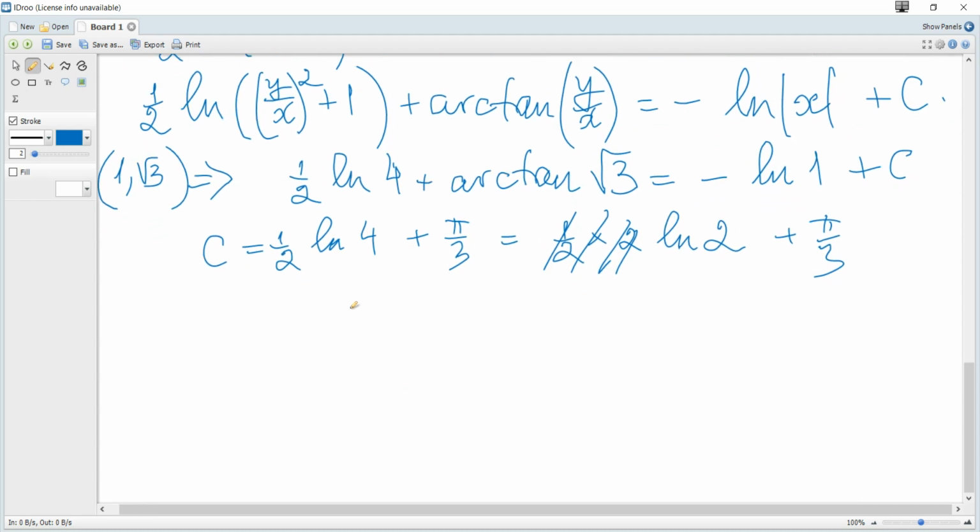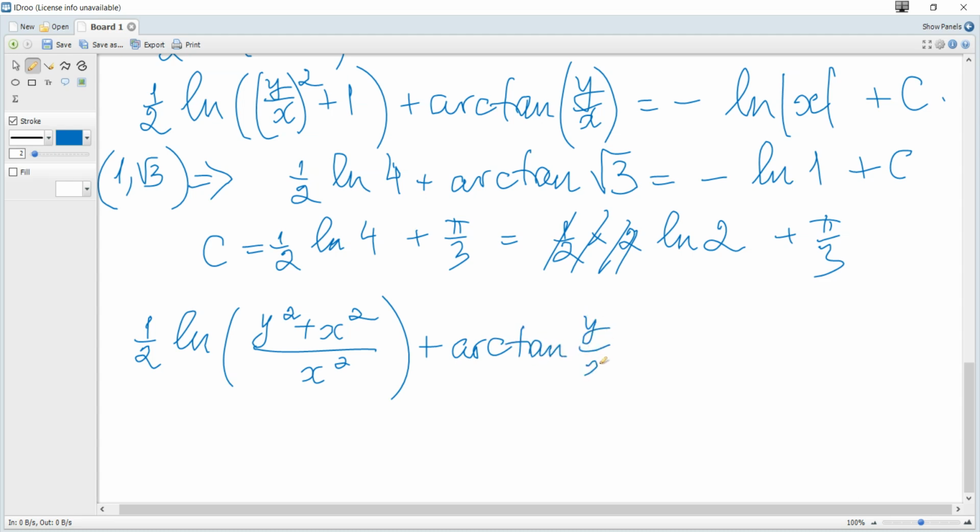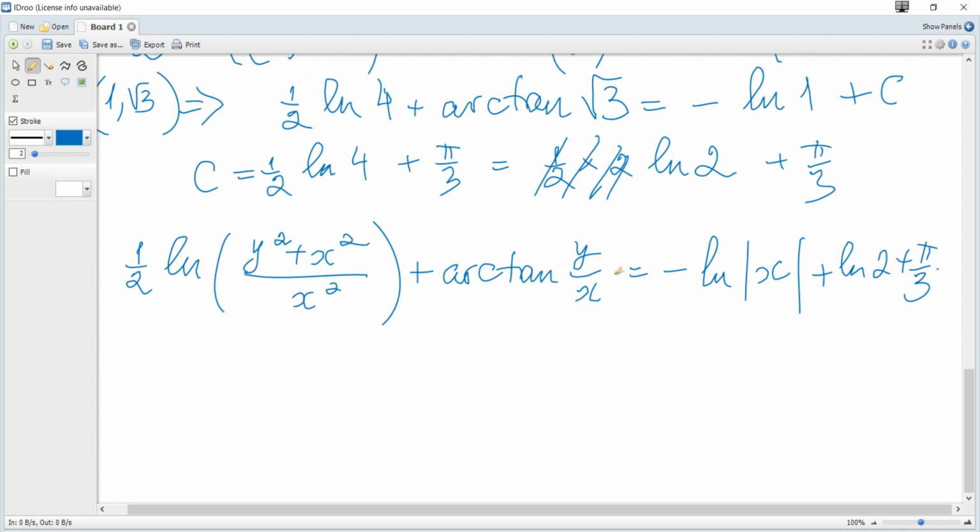Hence, let's rewrite. Let's do a common denominator, so it becomes a half ln of y squared plus x squared over x squared plus arctangent of y over x is negative ln of the absolute value of x plus ln 2 plus pi over 3.